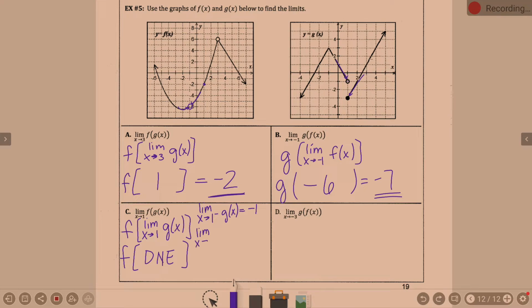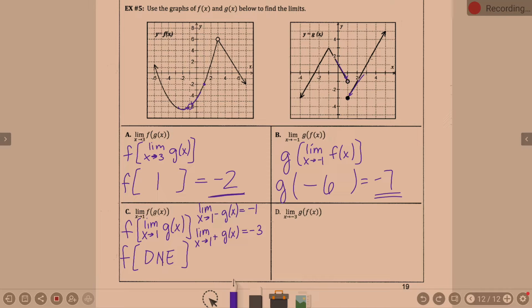The limit as x approaches 1 from the right of g of x is going to be -3. Now, we already knew that limit didn't exist, yes? I'm putting that down on paper. But what we have to do here is look at these.